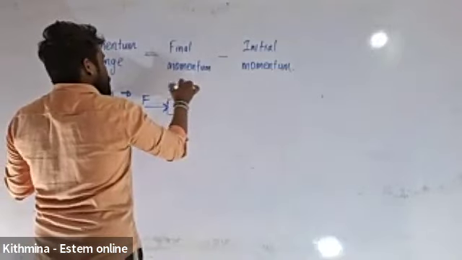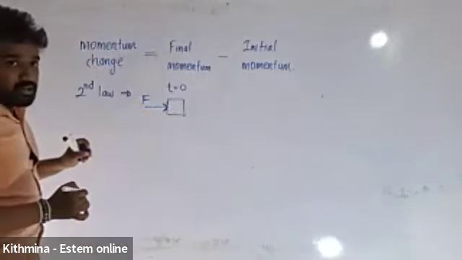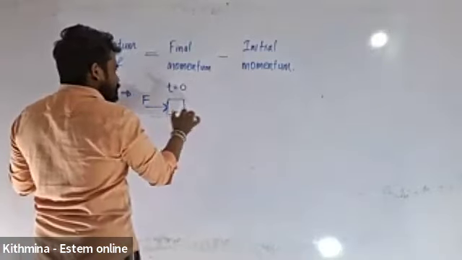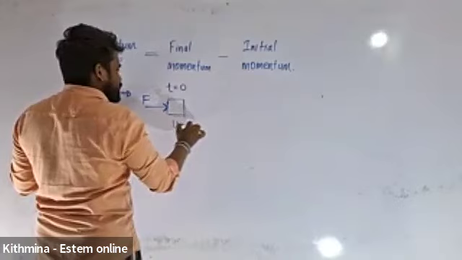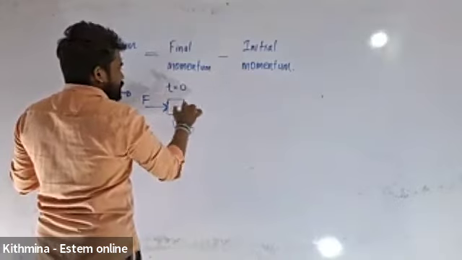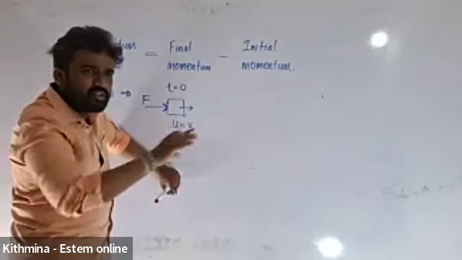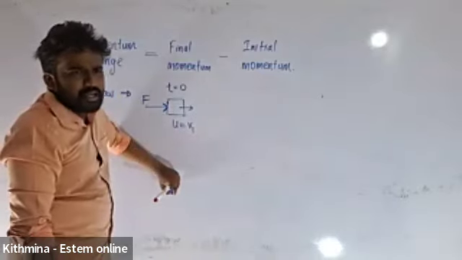This is t equals 0. Assume the initial velocity is v1. It means when I apply the force, the object is moving with v1 velocity.